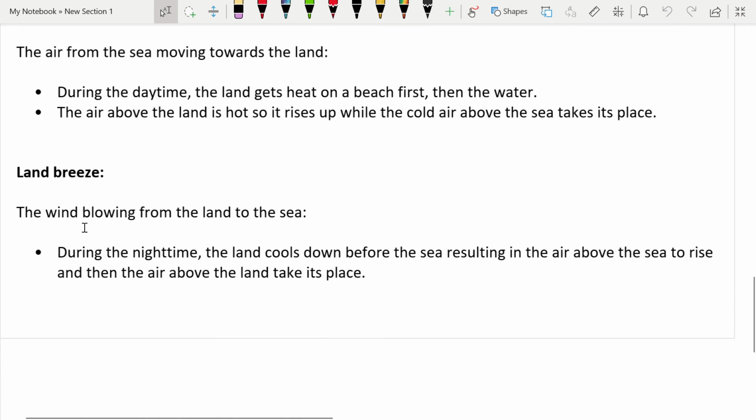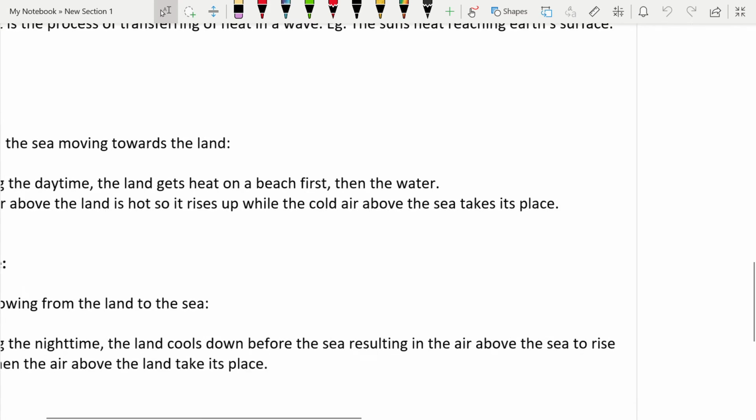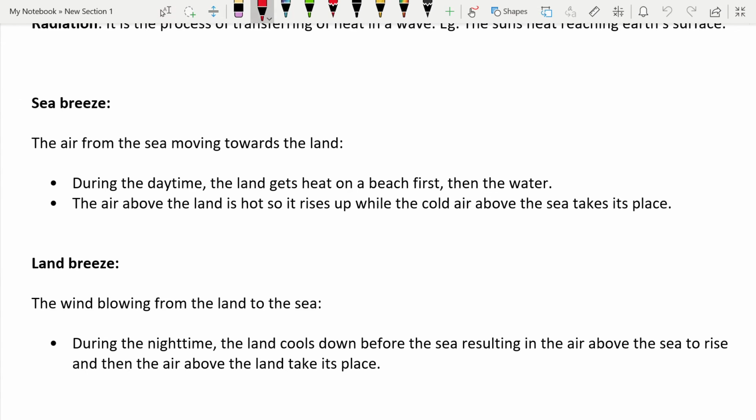Now there are two types of breeze that we're going to be talking about. Sea breeze and land breeze. Sea breeze is the air from the sea moving towards the land, and land breeze is the wind blowing from the land to the sea.